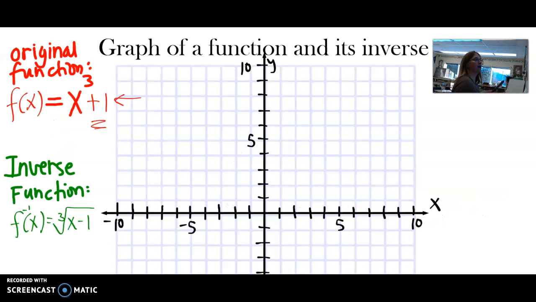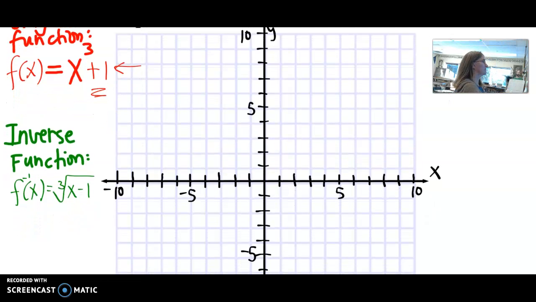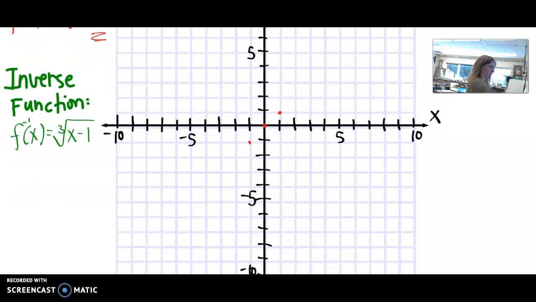So let's look at how the graphs compare between these two functions. If I graph x cubed plus 1, remember we just graphed these parent functions. Let's just look at what x cubed looks like. 0 cubed is 0, so remember the parent function for x cubed: 1, 1 is on the graph, 2, 8, and then the opposite, since it's an odd function, looks something like this.